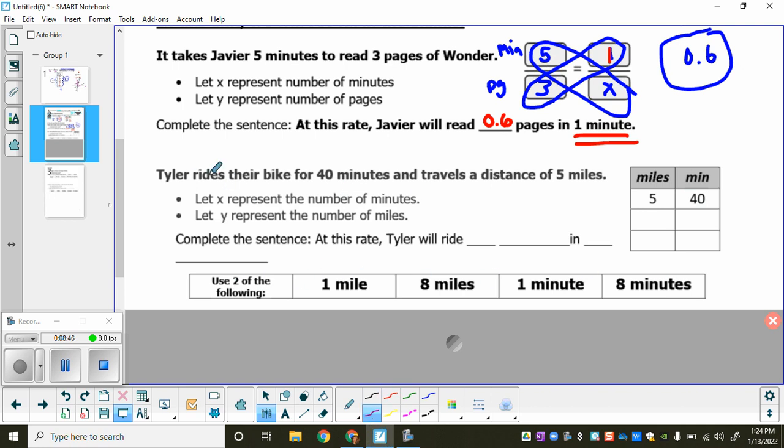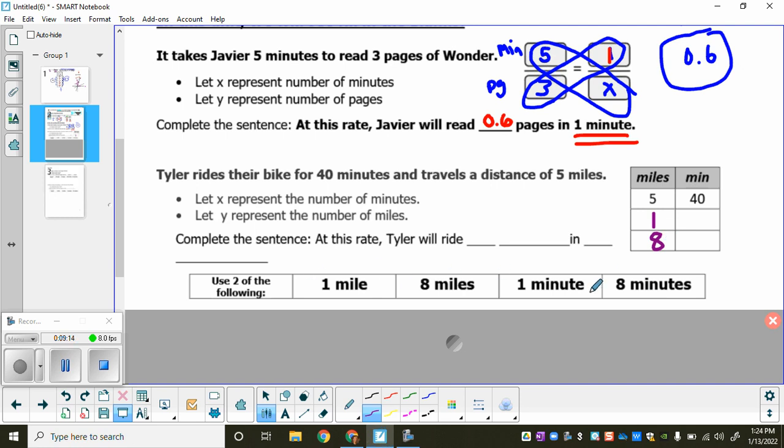So if you ever see a problem like this, y'all, where it's going to make you figure out the miles and the minutes, look at my strategy with this table of values. Go ahead and just put in 1 mile right here. And we're going to put in 8 miles right here. And we're going to see using this ratio how many minutes it would be for 1 mile. We'll also see how many minutes it would be for 8 miles.